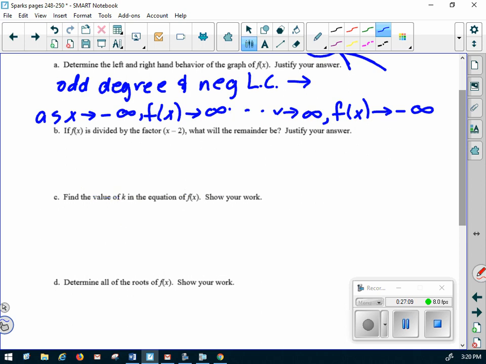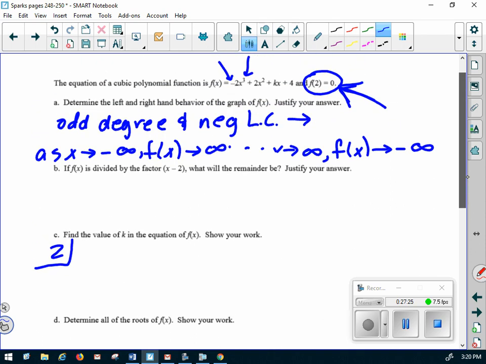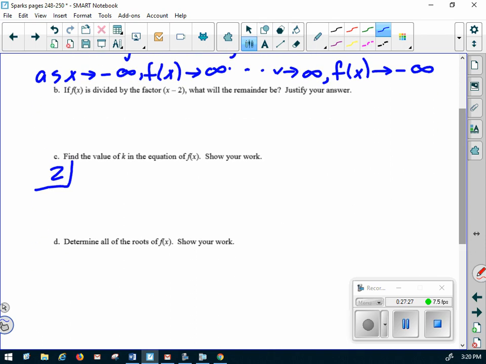Find the value of k in the equation. Now I think I can probably do what I started to do last time, because I know if I divide by 2, I have to get 0 as a remainder. -2, 2, k, and 4.